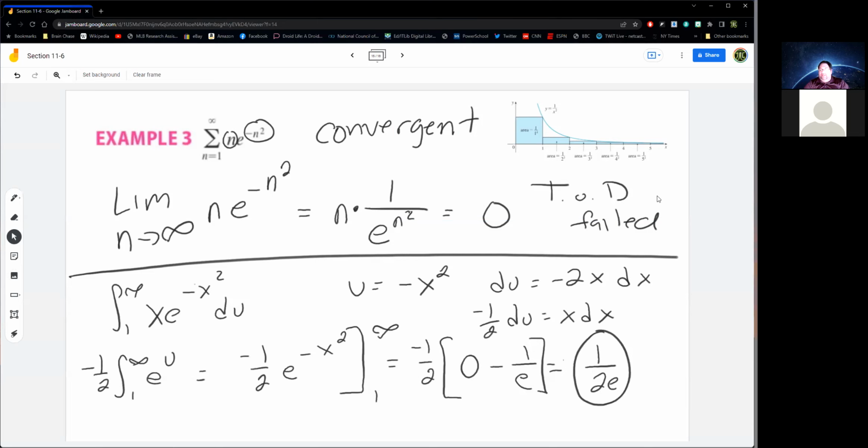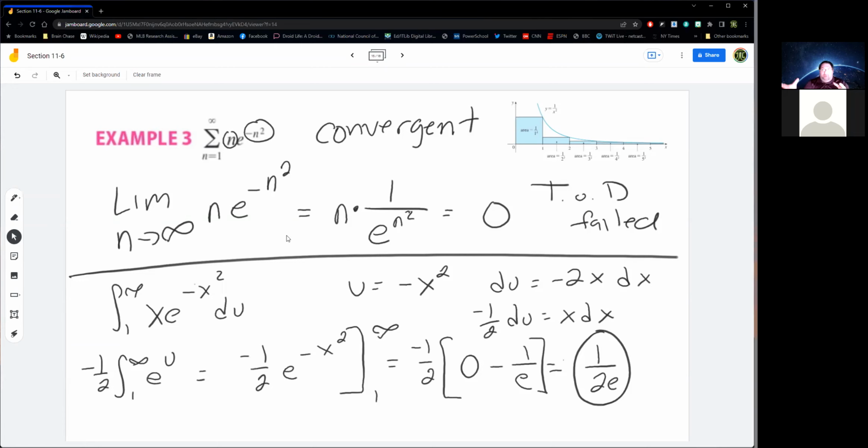That's why the test for divergence failed. We're saying this series, when I add up all the values all the way out to infinity, is going to come up with a specific number. And we're not saying what that number is. I do not know what that number is. I just know it is some number. That's what convergent means.